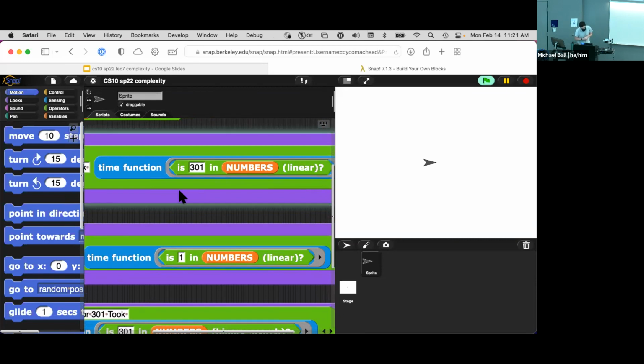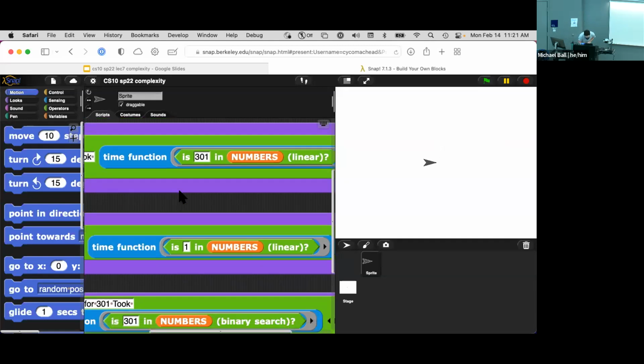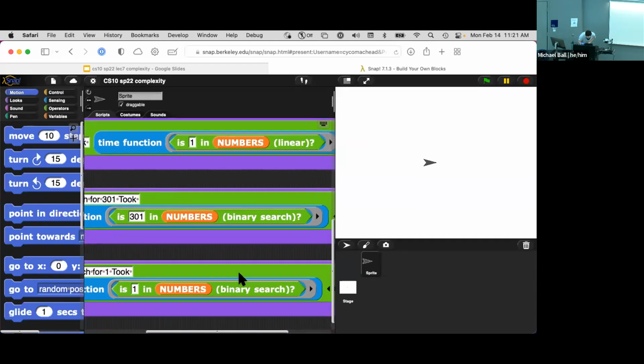Whenever we're doing measurements like this, it's probably a good idea to run things multiple times just to get a sense. So again, 4.98, that's pretty close to 5. Now let's run 301 in binary search, under a second. Let's run this a couple times, under a second again.